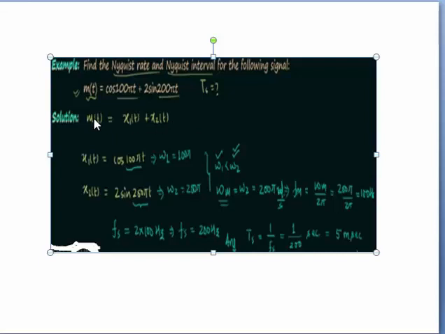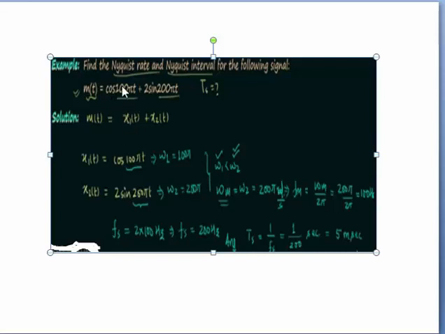Let us say the message signal m(t) is composed of two signals, one is x1(t) and the second one is x2(t). Compare this with the original example signal m(t).